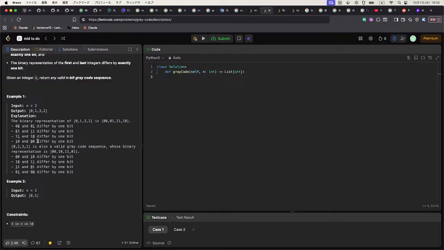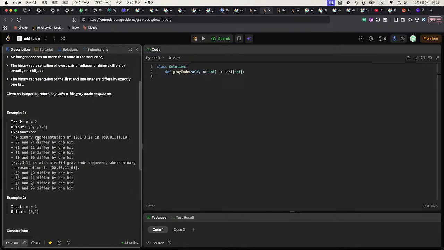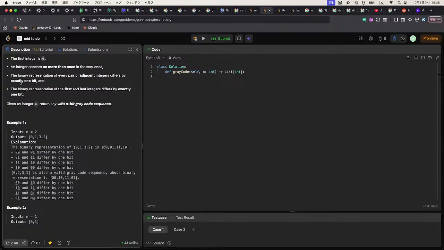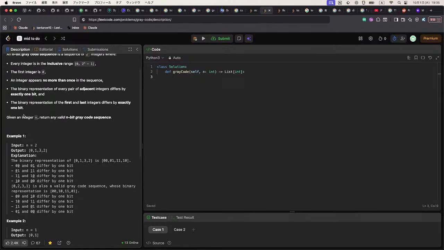So that means we can increment one by one. Differs by exactly 1 bit. Okay, I see, but 0, 1.